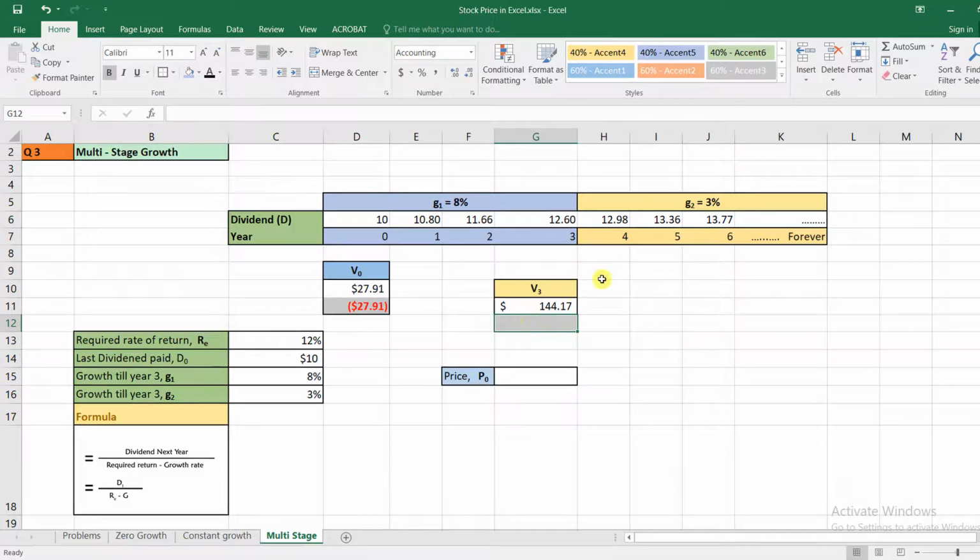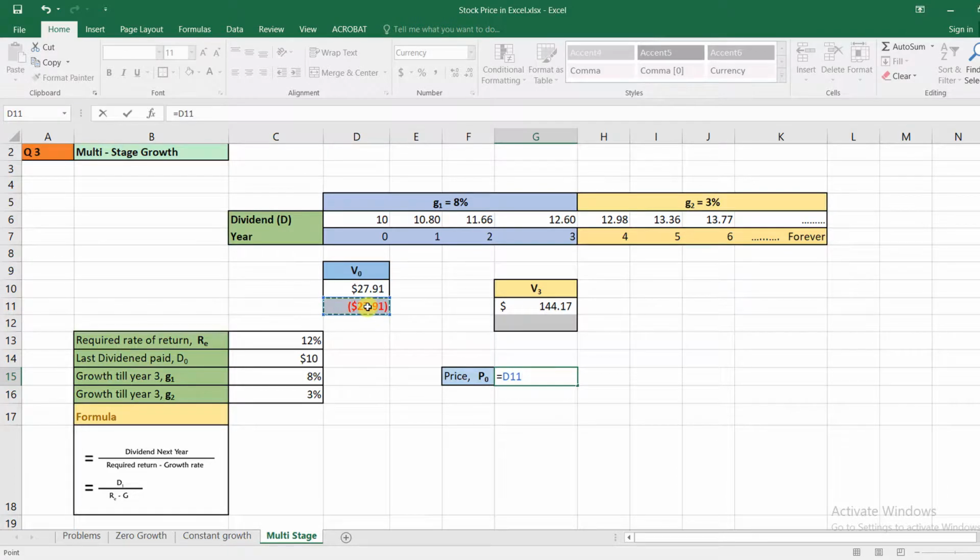Great. Now what about this one? Do we need to do anything about it? Not really. We will see how to deal with it here. To calculate the final price of the stock at the present moment, press the equal sign, first select this cell, then put the plus sign, and then start typing PV, select this PV function and give the rate.